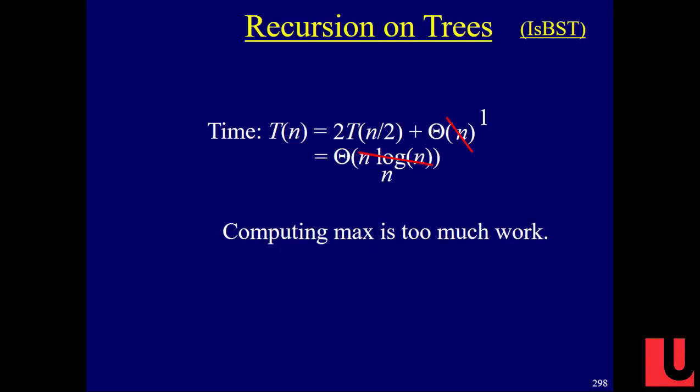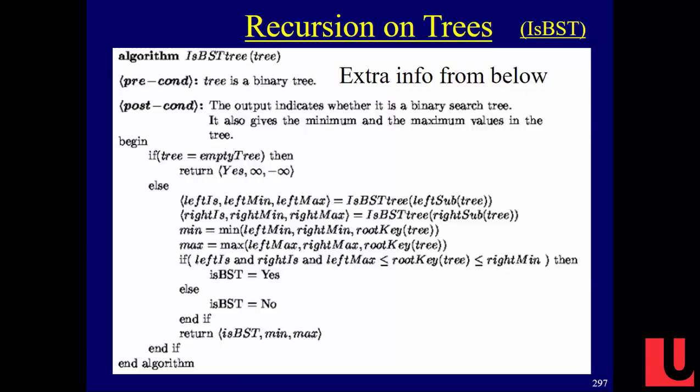I'm not going into my left subtree and right subtree. Where the work is: I talk to my friends, that's work. I take a min of 3 things and a max of 3 things, that's work. I do this sort of little work here, it's all constant work. I'm not going into a tree.